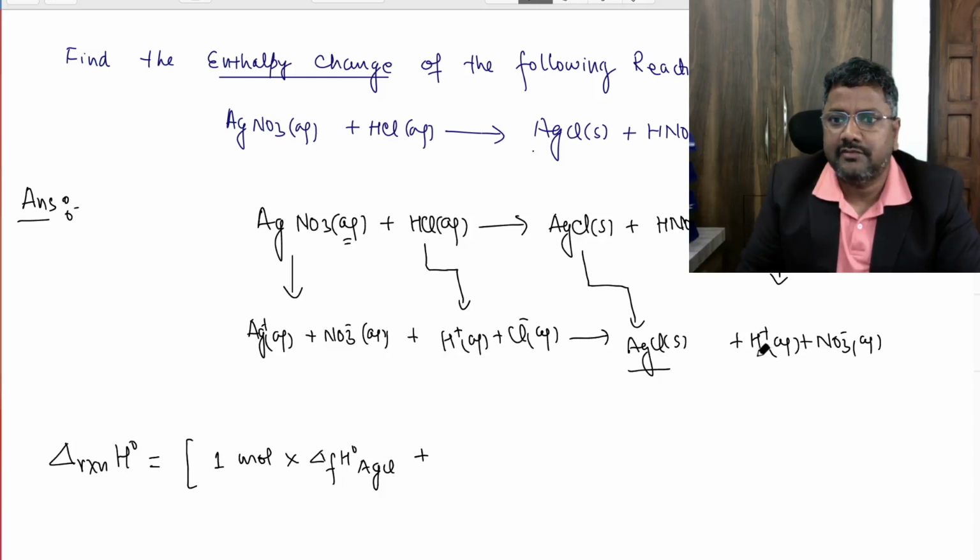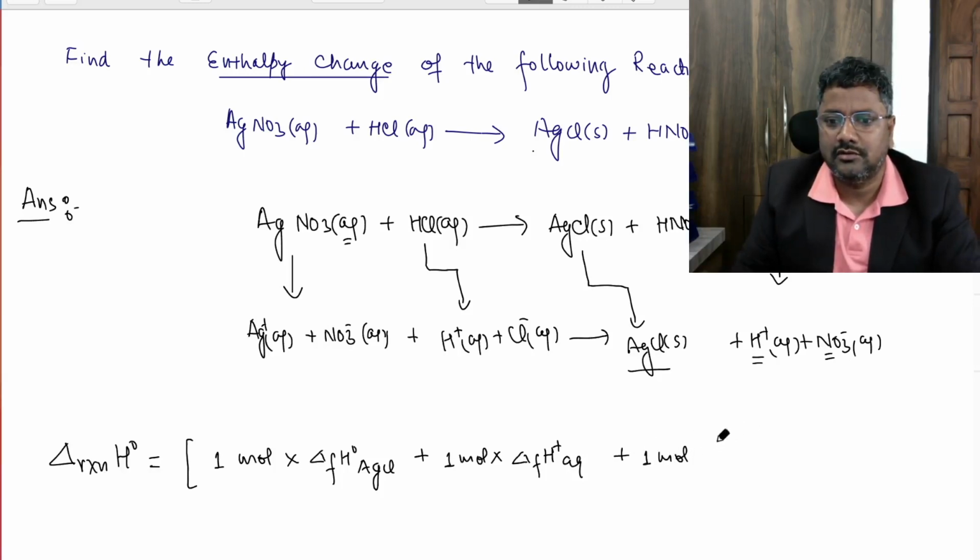Plus, I am taking H plus, 1 mole multiplied by delta H naught formation of H plus aqueous, plus NO3 minus, 1 mole and delta H naught formation of NO3 minus aqueous, minus, right?